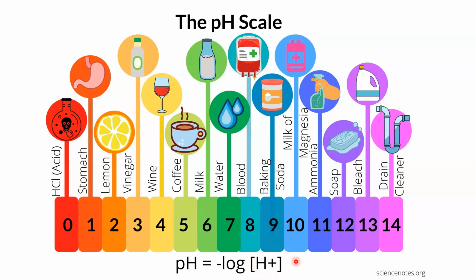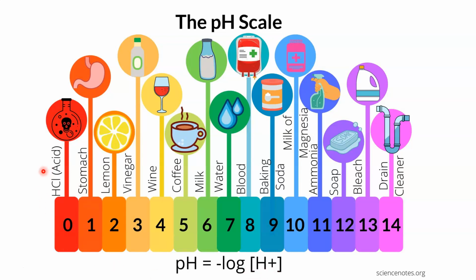So this right here is what makes an acid acidic. And the pH is just the negative log of the concentration of this acid component. And so different compounds, different liquids can have different concentrations of this.